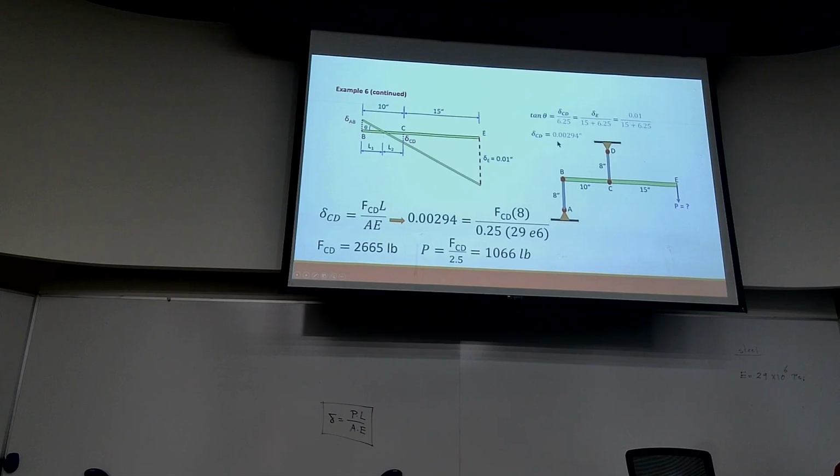This can be solved for delta CD. Once we have delta CD, which is FL over AE for that member, we could solve for force in it. And now we have two unknowns, two equations from statics, so we could solve for all forces, and P ends up to be 1,066 pounds.